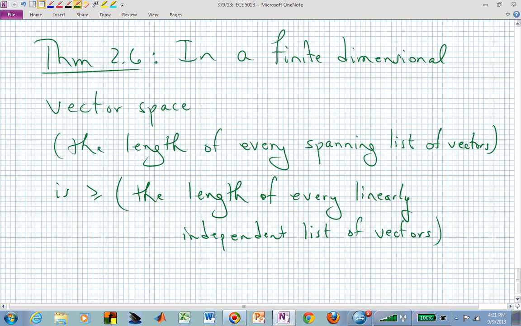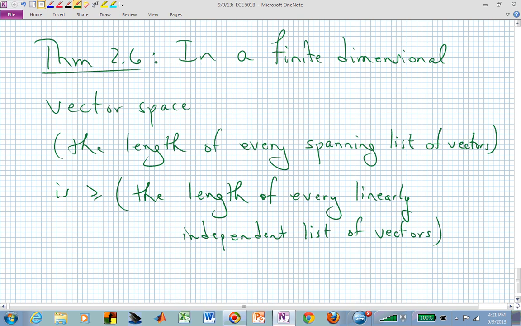So a spanning list could include dependency among your vectors, and so the length of that might be pretty big. But if you now look at a subset of that or another list that's being used in your finite dimensional vector space, if you have a linearly independent list, then that list is always going to be less than or equal to the length of every spanning list of vectors.